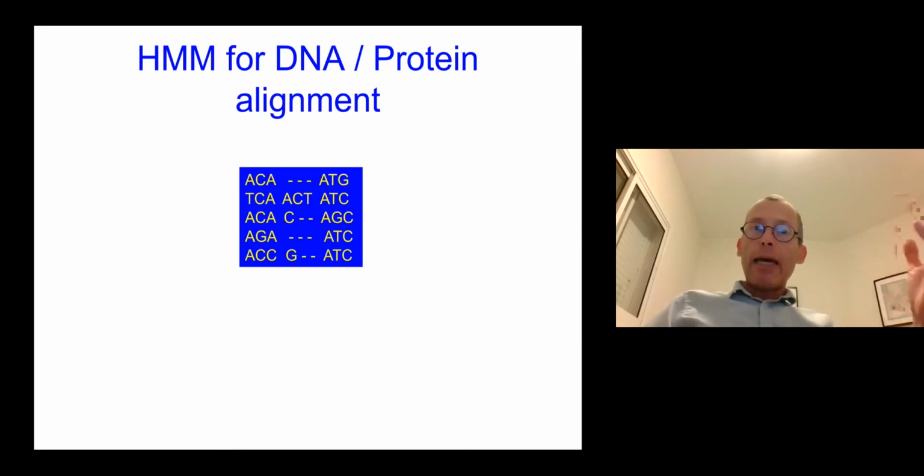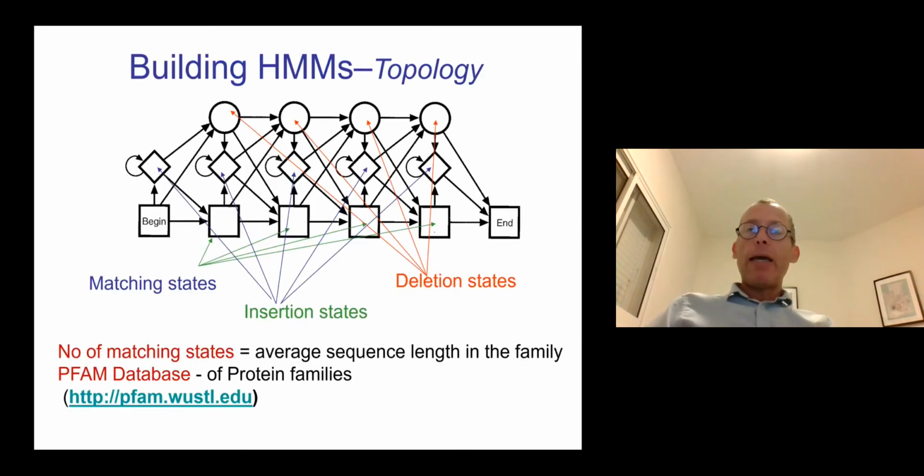And this is the HMM that people use. This is called a profile HMM. It's commonly used in the biology community, where here you have what's known as the consensus sites. So these are the actual letters. These are called deletions.